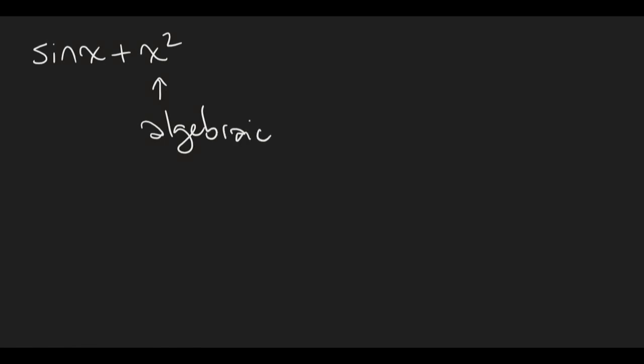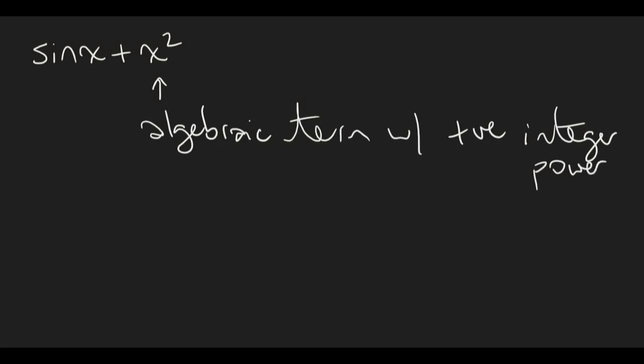So something that's very easy to see that's not a polynomial is sine x plus x squared. So this term meets our conditions in a polynomial. So this is an algebraic term with a positive integer power. But this term is not an algebraic term.